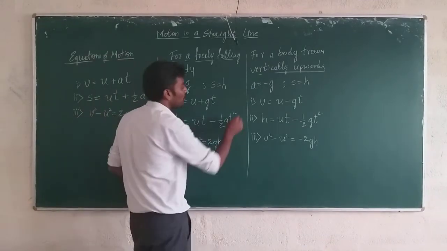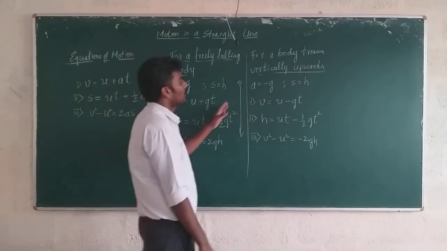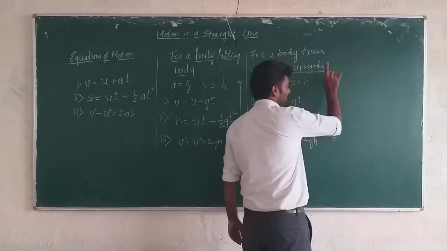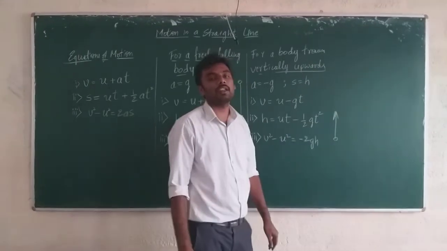In the first situation, the body is freely falling downwards. In the second situation, the body is vertically thrown upwards. It will go a certain distance and starts to fall again.